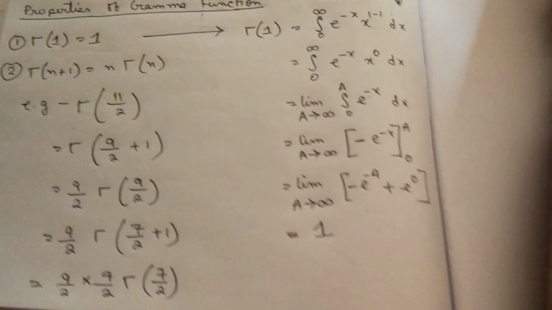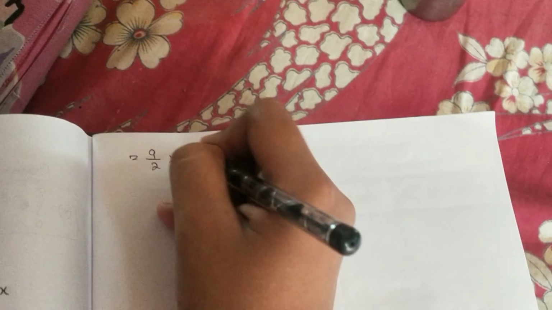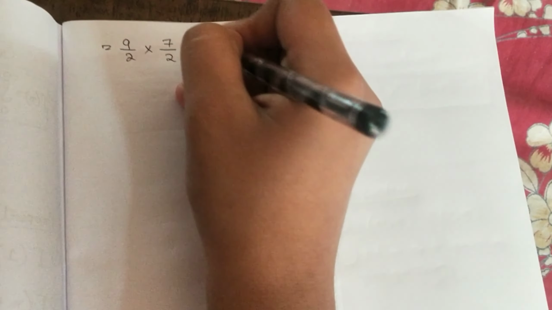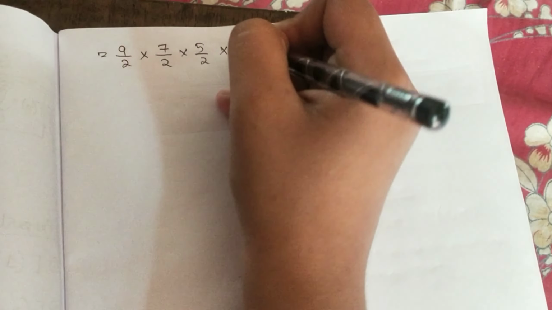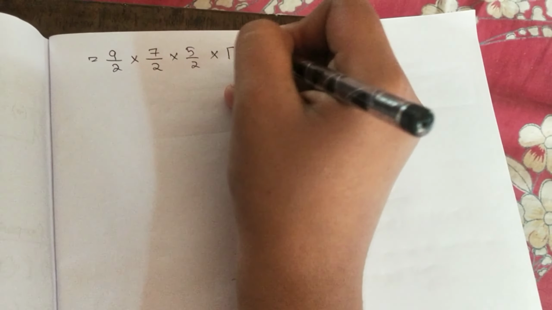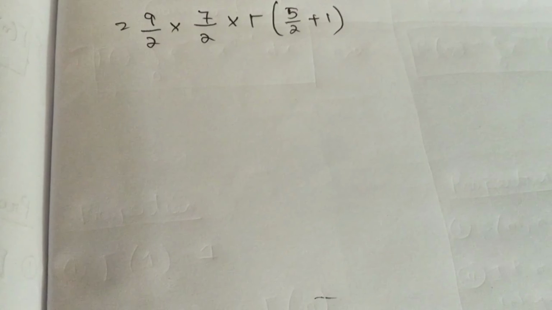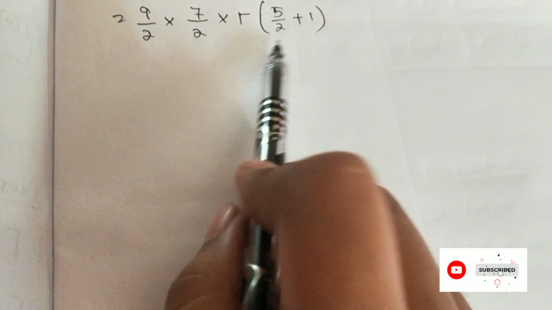Equal to, here came 9 by 2 into 7 by 2, so let's put 9 by 2 into 7 by 2 into 5 by 2, gamma 5 by 2 plus 1.